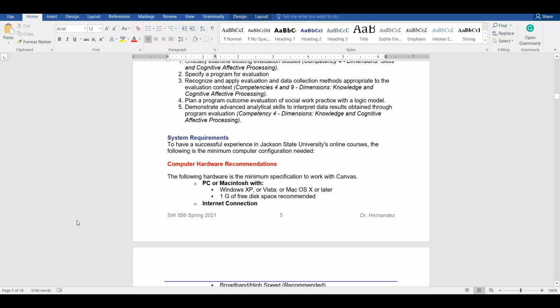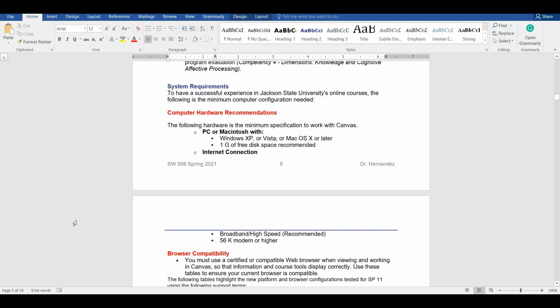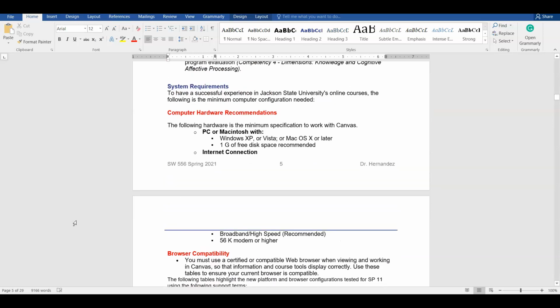Instead of all this stuff about system requirements, you probably know, because you're probably not a first year student, or at least not a first semester student. But I do want to mention that please try not to use your phone to do any work that is graded. I say that for several reasons.